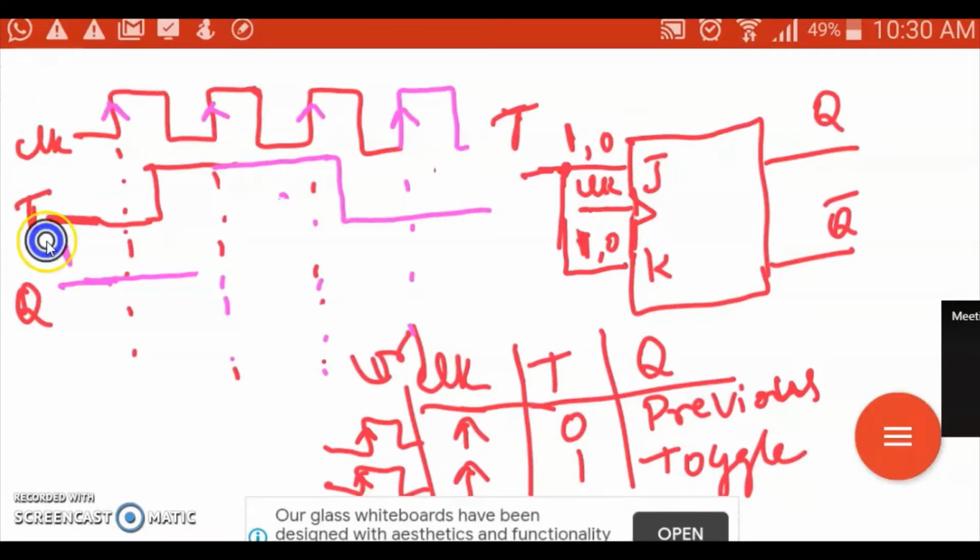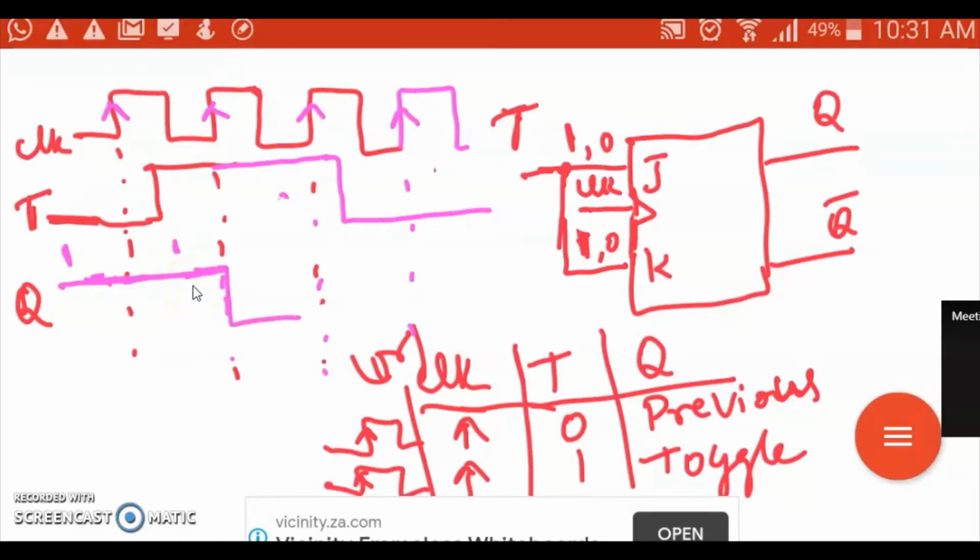See, observe now. At the positive edge of the clock, T was 0. 0 means previous state. The previous state of Q is 1, so it retains the same till the next positive edge. I hope it's understood. Now it is 1. 1 means toggle. Toggle in the sense, if it is 1, then you will be having 0 till the next positive edge of the clock.